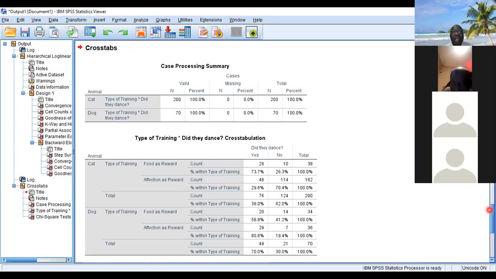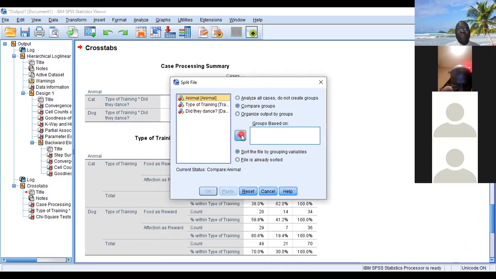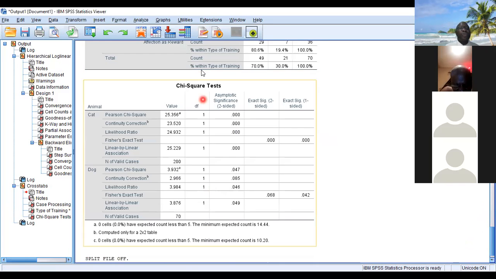So now what you can do is cross-check. Let's try to look at the association between dance and animal, without splitting. Let's first of all forget about the type of affection they give them. So I have to go and remove that split, and that is why the other method is better. Instead of using the split, we just use what we did before.